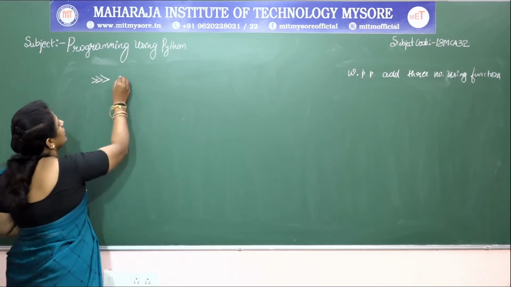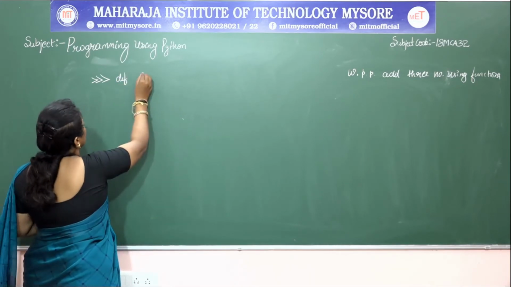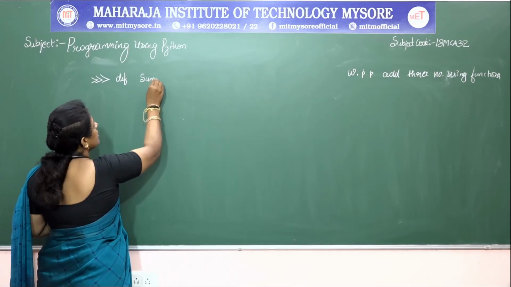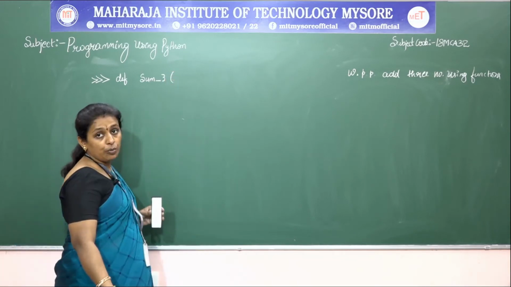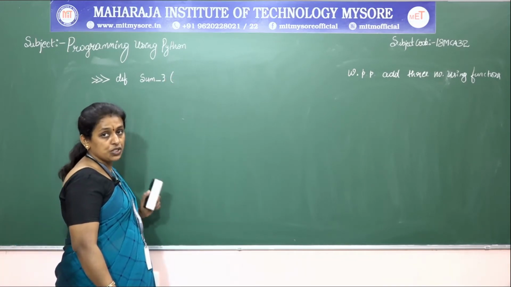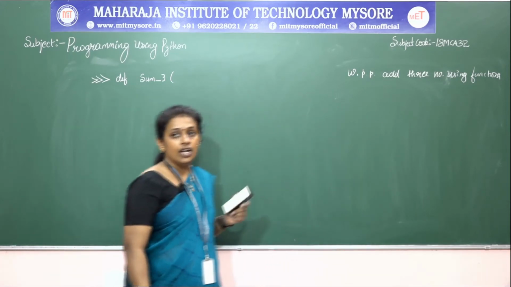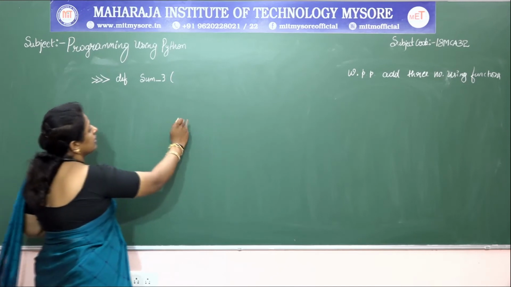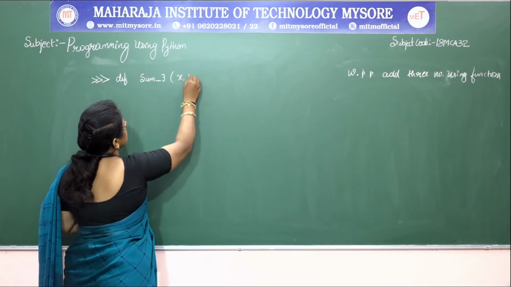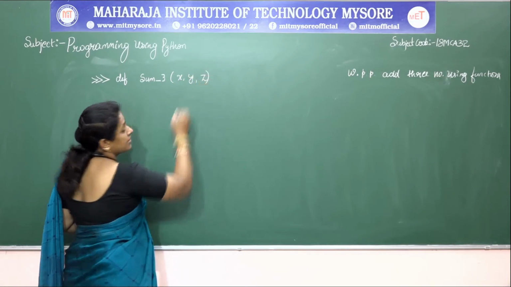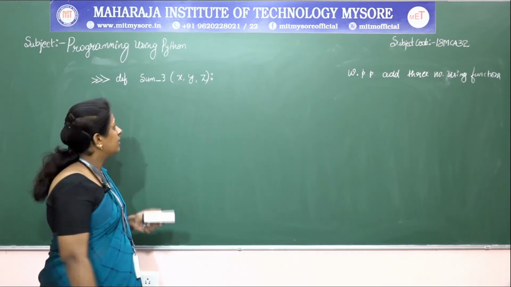For that we need to use the keyword def. After that, the function name. Here I am giving sum_of_3 and after that the arguments. The arguments are optional, but with respect to our problem they have mentioned 3 numbers. So I am passing 3 values, x, y, z, and then closing the function header.